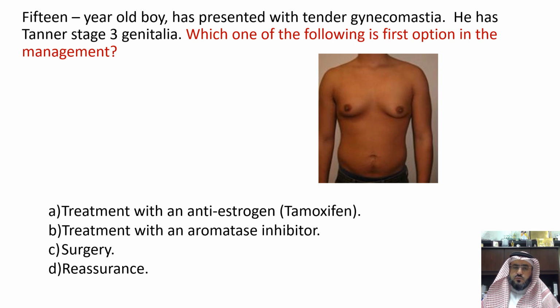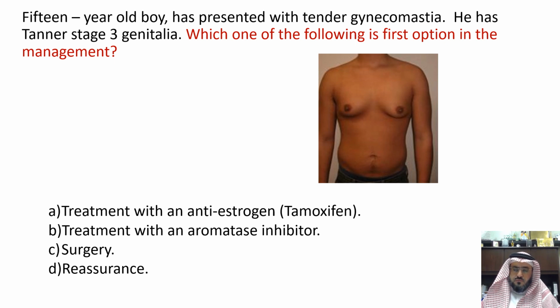So the question, which one of the following is the first option in the management? Do you want to start treatment with anti-estrogen? For pathological gynecomastia, the medication is anti-estrogen, because as you know, breast tissue is dependent on estrogen in both sexes.